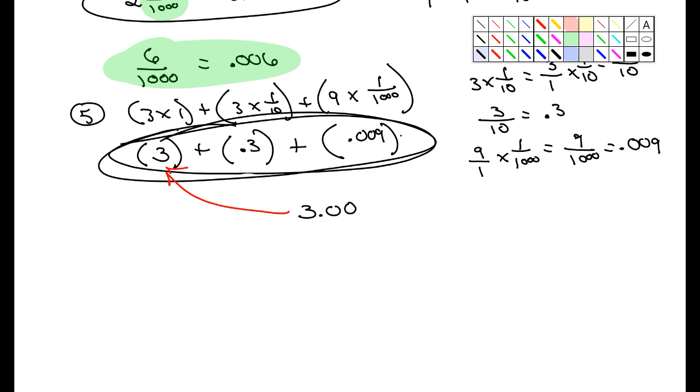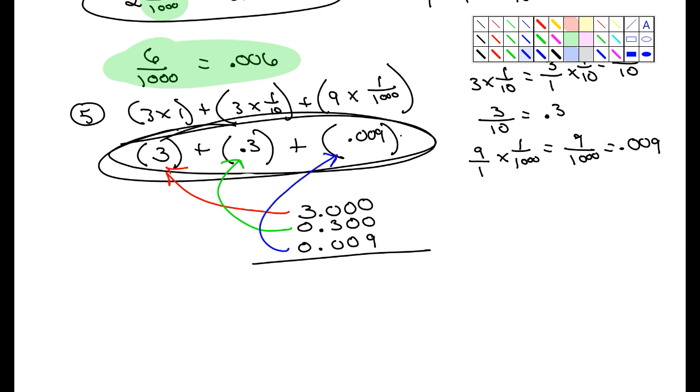And then I'm going to put a 0.3, and I'll just go ahead and put a 0 and a 0 there as kind of a placeholder. Okay? And that's the same as that one. And then I'm going to put a 0 there, a point, and then what do we have here? 009. And I'll go ahead and put another 0 there as a placeholder. It would be 9 would be the last one.